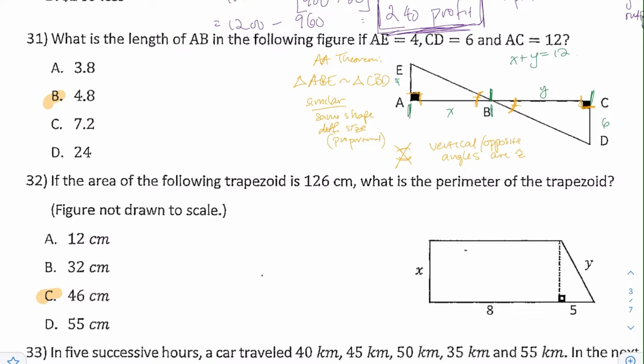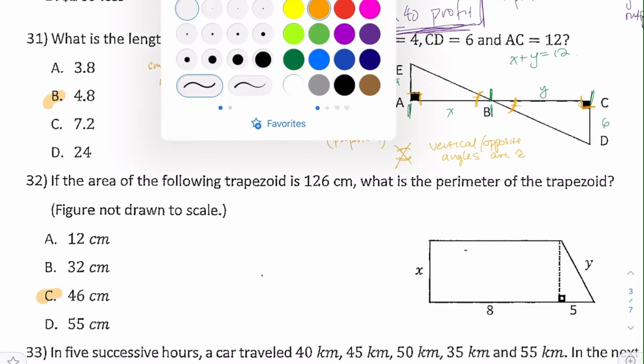So if you look at the proportion, you go from 4 to 6. So the small triangle has a side length of 4. The big triangle has a side length of 6. So you know that 4 times 1.5, or times 3 over 2, is equal to 6. So that means you have to multiply everything by 3 over 2 to go to the big triangle.